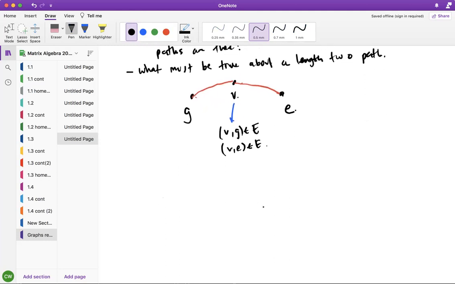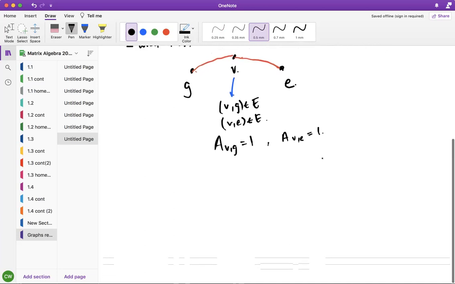Well, we know what these things are in the adjacency matrix. Let's say A is the adjacency matrix. This would imply that A_VG would need to equal 1 and A_VE would need to equal 1 at the same time, right?